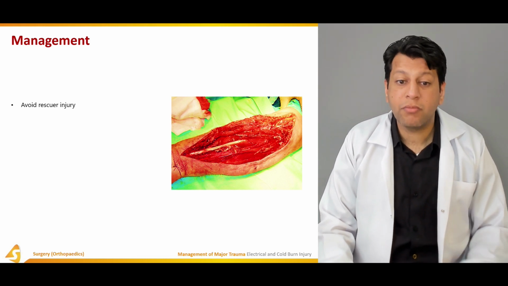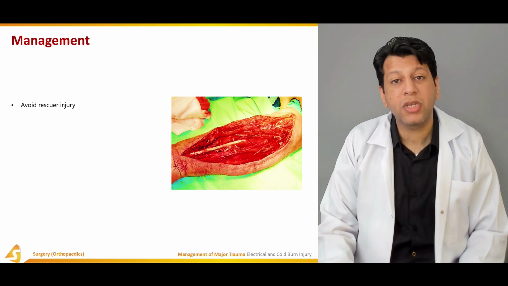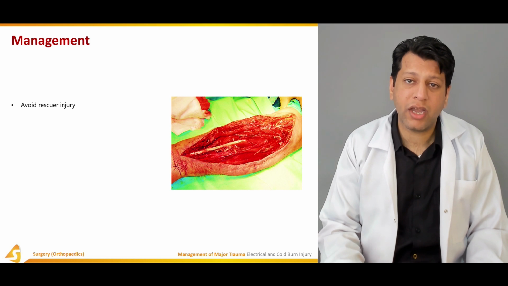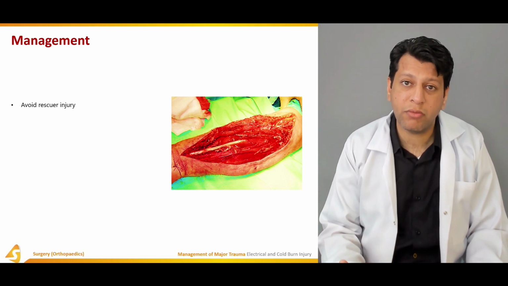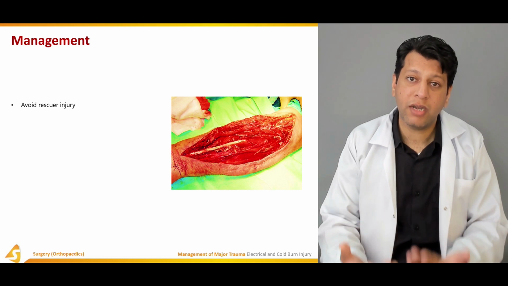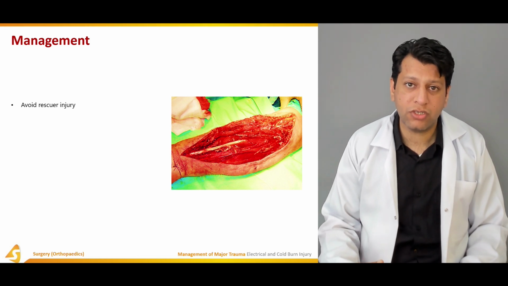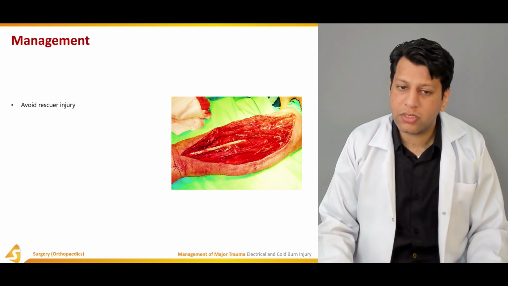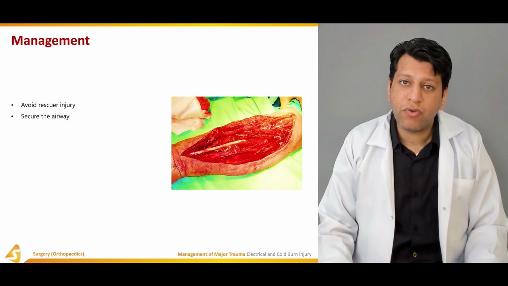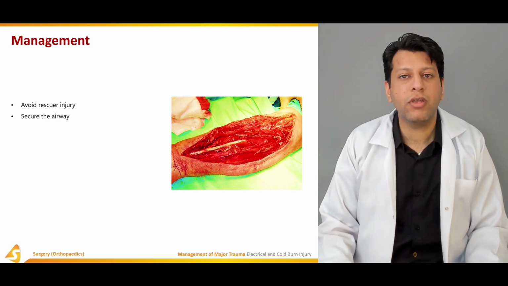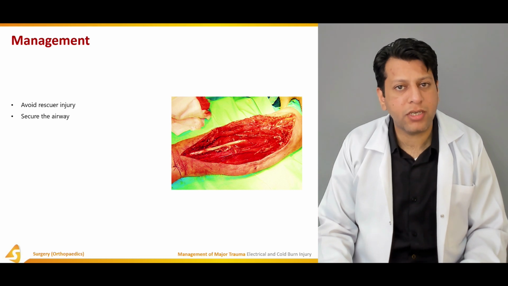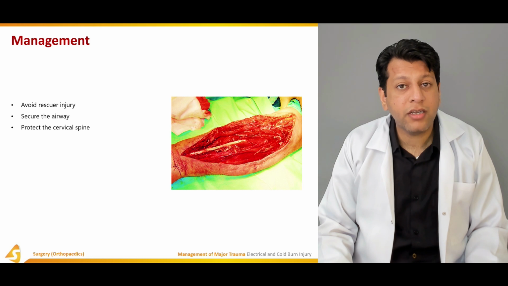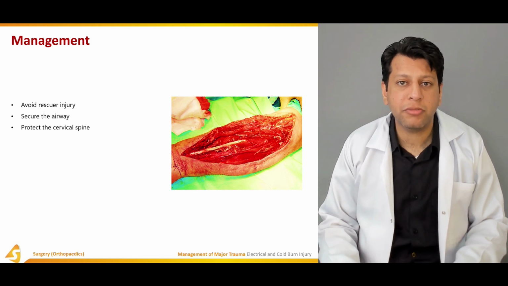It is also important to avoid rescuer injury. Sometimes a patient gets stuck to a high tension wire, and somebody who is trying to save him also gets injured. So it's important to avoid rescuer injury, especially in the case of electrical injury. First and foremost is always the A, that is to secure the airway. The airway can be secured by passing an ETT. Then protect the cervical spine. It must be kept protected until proven otherwise that there is no cervical spine injury.